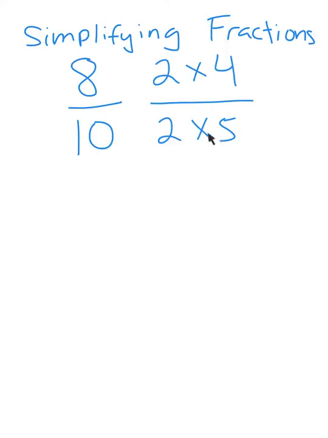Those are some math facts that I just learned and I know. And when I find that it has a common math fact, I see they both have 2 on the top and bottom, I can just cancel those out. And so I'm left with 4/5. So 8/10 is equal to 4/5.